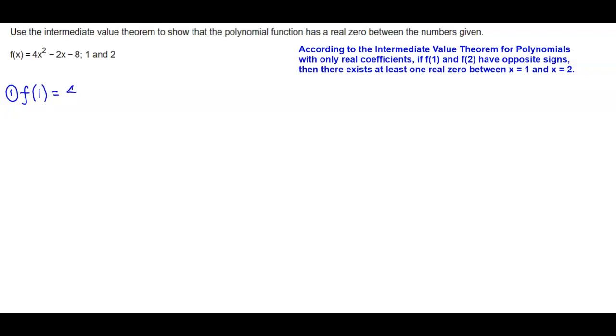So this is going to be 4 times 1 squared minus 2 times 1 minus 8.